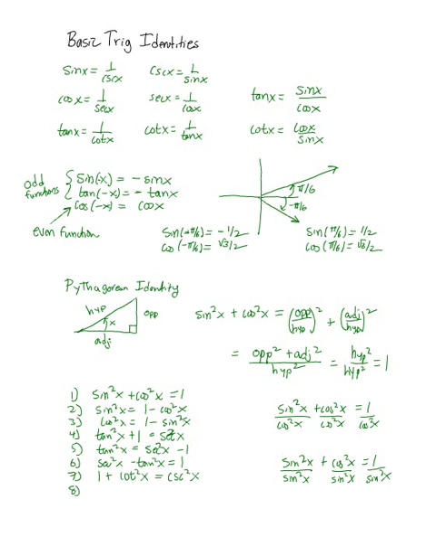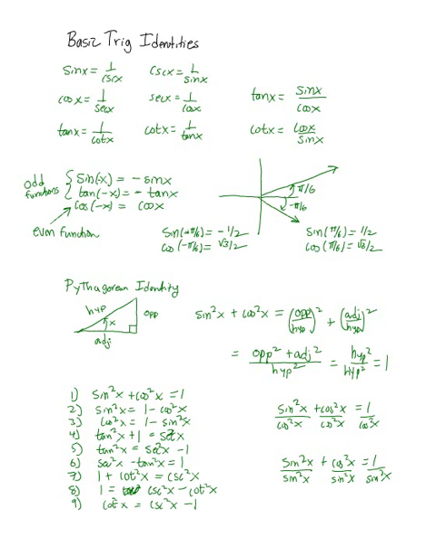And again, this is written in alternative forms. You'll see 1 equals cosecant squared x minus cotangent squared x. And the last common form you see this written in, you'll see cotangent squared x equals cosecant squared x minus 1.